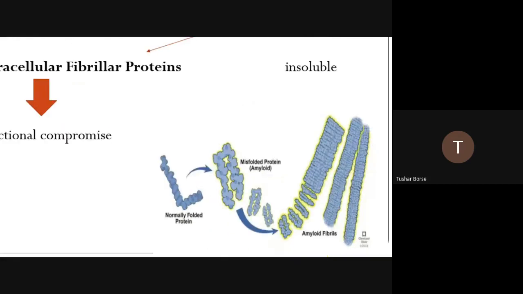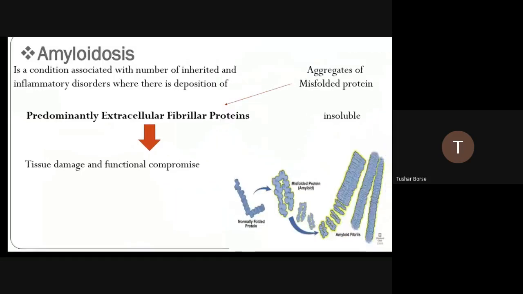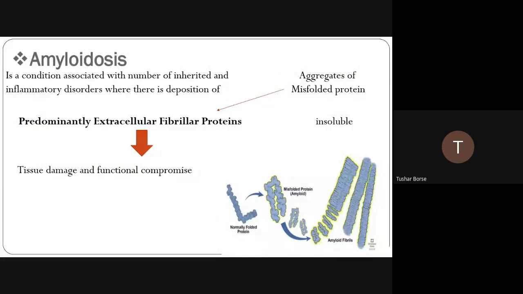When it misfolds, it forms amyloid, and this forms stacks, and they form amyloid fibrils. They especially have a hydrophobic core, and hence they are insoluble, and they cause tissue damage and functional compromise in the proteins and their function.